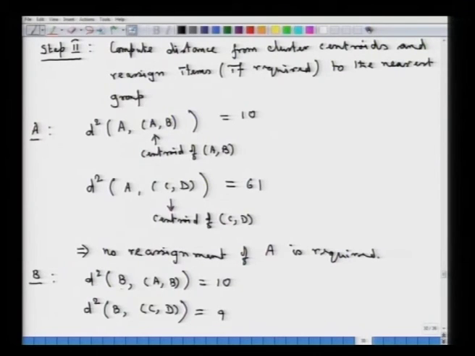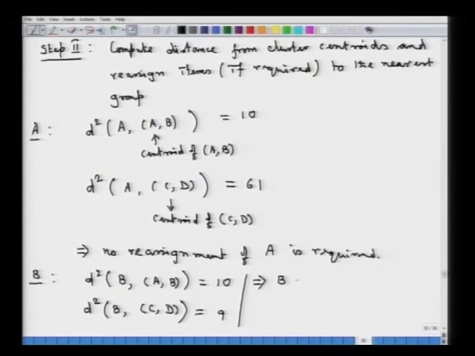So, the distance of B from its own cluster center is higher than the distance of B from the other cluster, which is C and D. This would imply that B, the point which was initially sitting in the cluster AB, is closer to the other cluster than to its own cluster, and hence reassignment of B is required.